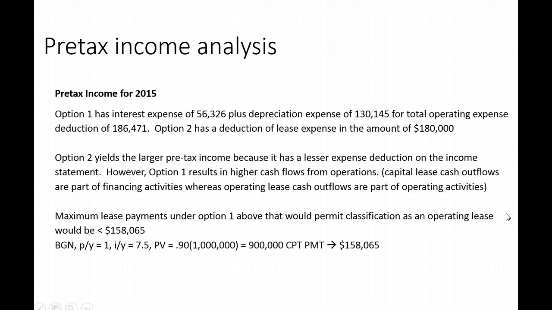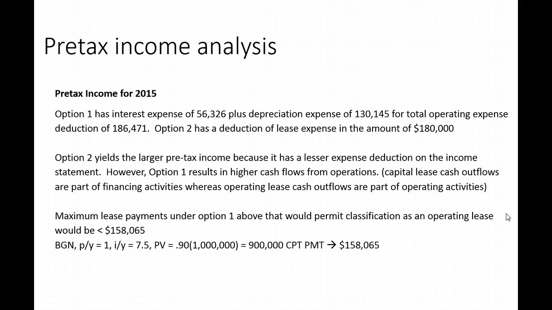So option number 1 has interest expense recorded of $56,300 and some odd dollars. And there's also depreciation expense of $130,000. Remember, expense accounts are the ones that show up on the income statement. Not the lease liability, not the asset, not cash. The only things that show up on the income statement are revenues and expenses.